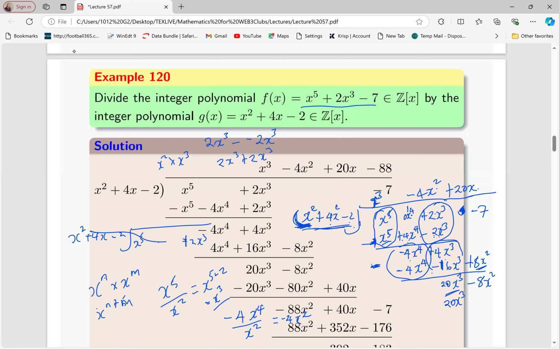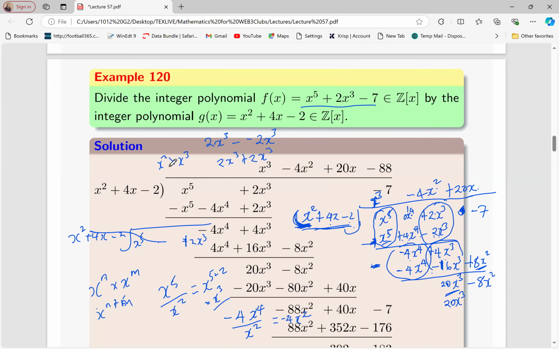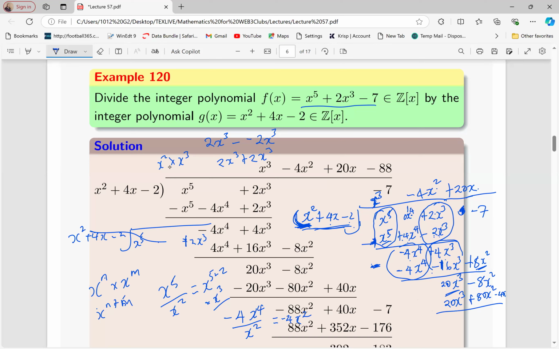Then 20x times, this was 4x. So 20x times 4x gives us 80x squared. Then 20x times negative 2 gives you negative 40x. When you subtract this, you get 0.